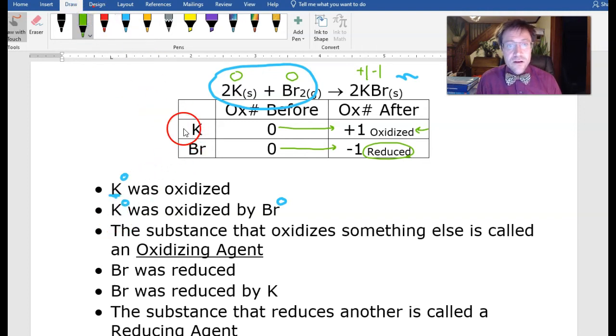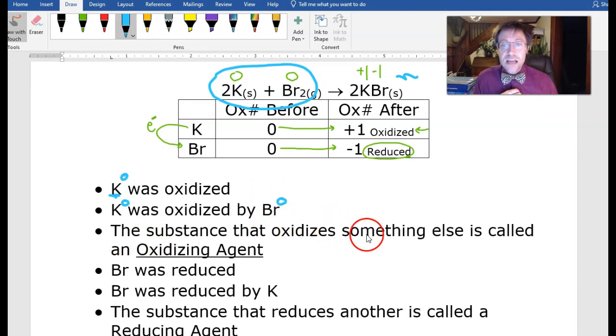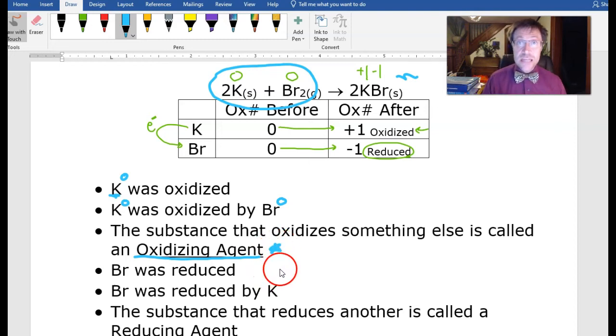If potassium is being oxidized, electrons are leaving potassium and going into bromine. Potassium lost them. It was oxidized. By who? By bromine. Bromine did the oxidizing. So the substance that oxidizes something else is called the oxidizing agent. Got that? That's a vocab word. There might be a vocab quiz. You get it? Do you see how that works?